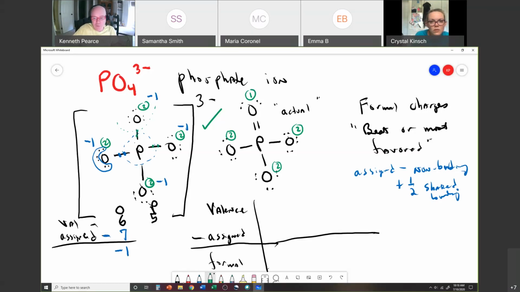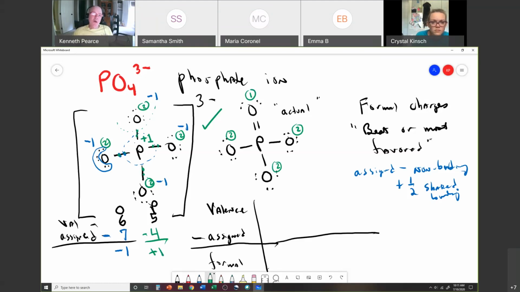That's 2 there, that's 1. There's 2 there, that's 1. And there's 2 over here, that makes 1. Remember, it's 1/2 of the bonded. There's no non-bonding on that phosphorus, it's all bonding. So we have 4. So we subtract off the 4 and we have +1. So the formal charge on this phosphorus is +1.